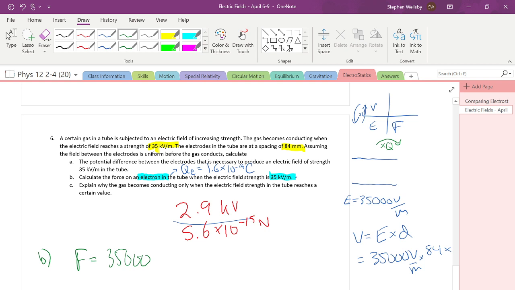Instead of volts per meter, because it's the same unit, you can say this is newtons per coulomb, which may make a bit more sense, and then we're going to multiply that by 1.6 times 10 to the negative 19 coulombs, and that will give us this value here, 5.6 times 10 to the negative 15 newtons, if you multiply those together. Hopefully that makes sense. And lastly, for part C, why does it become conducting only when the electric field strength reaches a certain value?